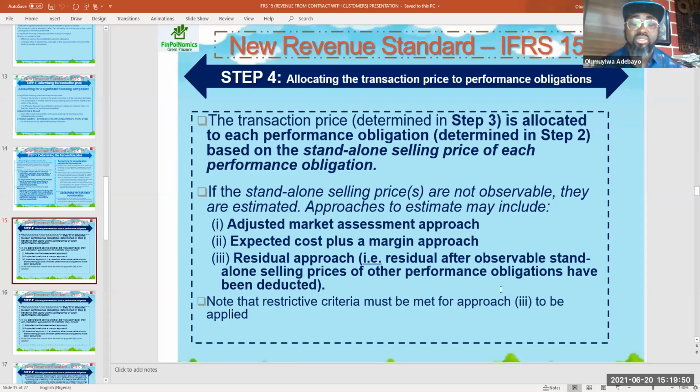And what are the two performance obligations? The first one is to provide you a phone. The second one is to provide you service, unlimited call hours, local call hours. The question then is, you need to identify what price the phone is being made available to the customer, and what price is actually the call hours.